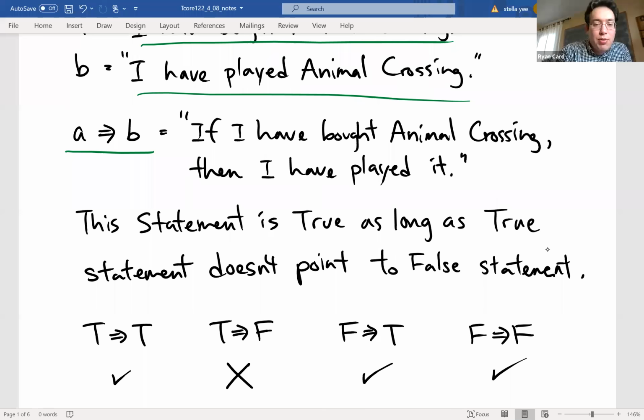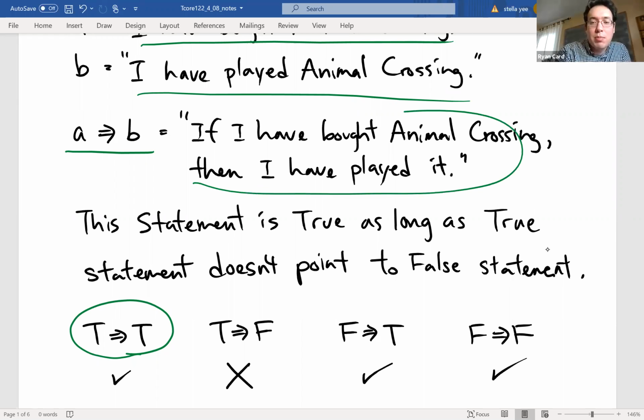So if a true statement points to a true statement, if I have both bought and played Animal Crossing, this statement is still good. A implies B. The only way this statement would be false is if the true is pointing towards false. So if I have bought Animal Crossing but had not played it, that would be a false statement.